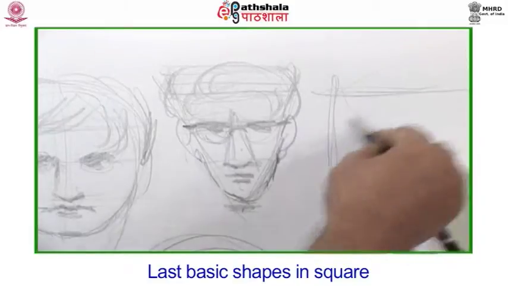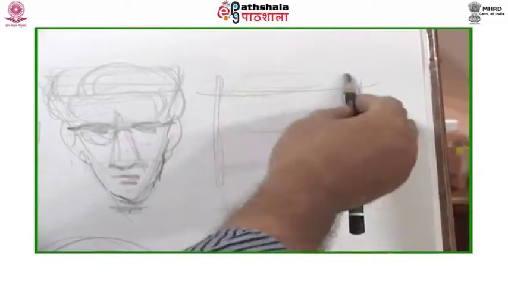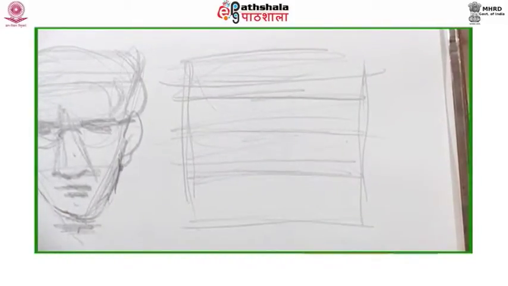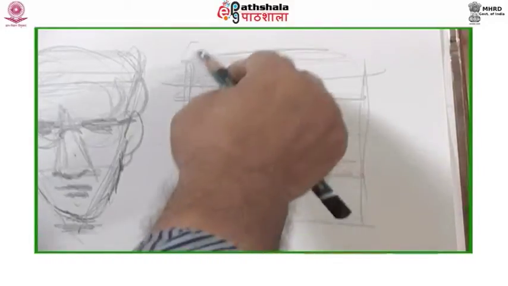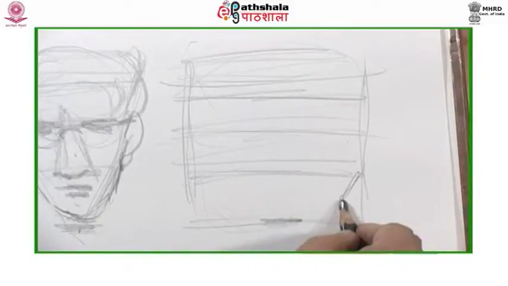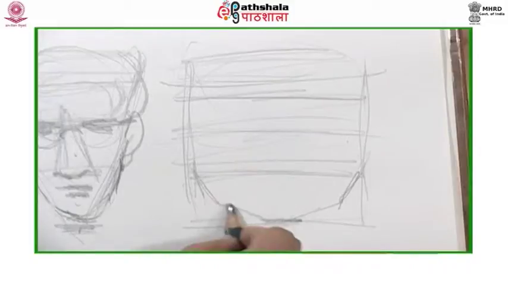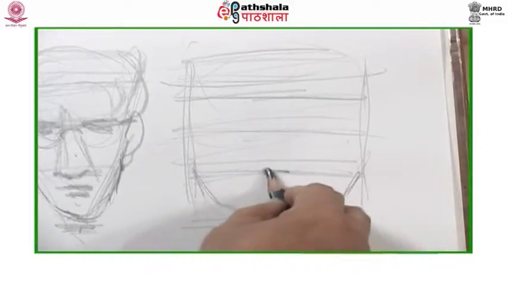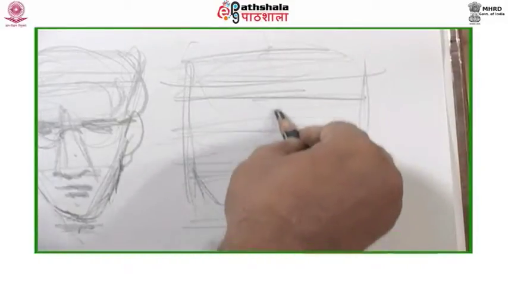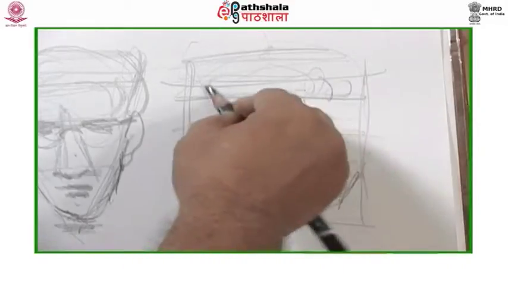For the last basic shape, the square, I will again begin by dividing it into 4 equal parts and place the facial features. The chin, the jawbone, nose, eyes and forehead will all begin to reveal a face within the square rectangular shape.